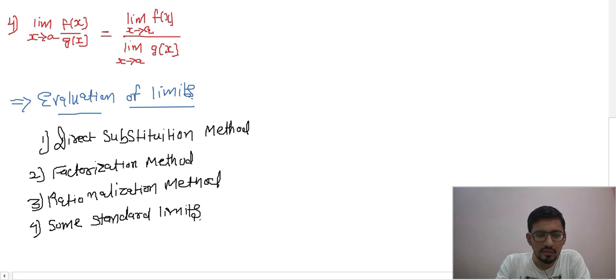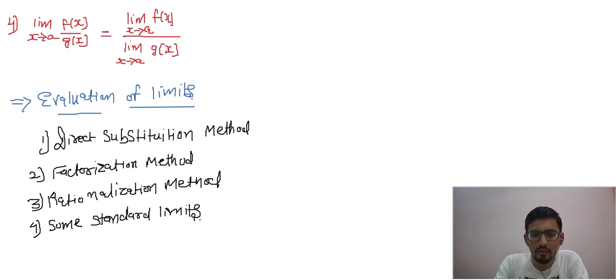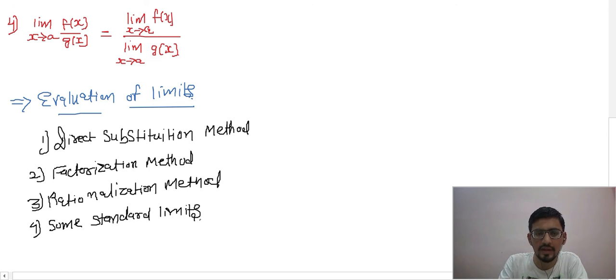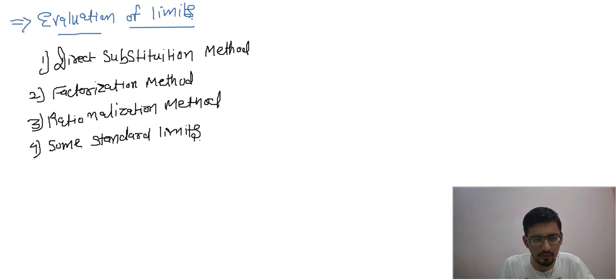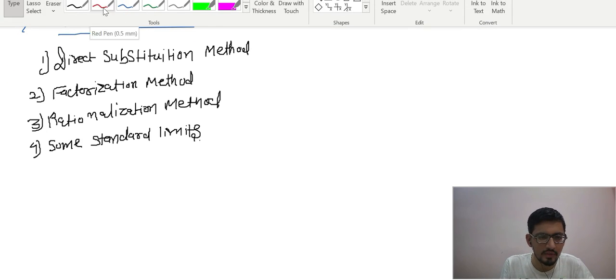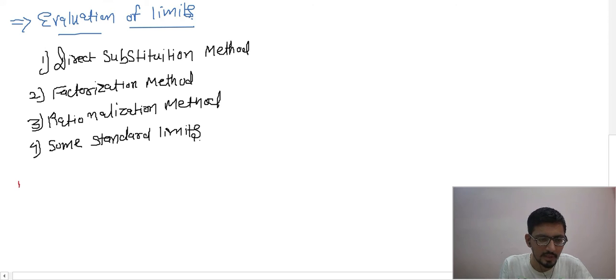Okay, so out of these 4 methods, direct substitution you can use when your function is in a consistent state after applying limit. Now see, in the entire chapter, one thing remember, you are finding limiting value, not functional value. Sometimes you will feel in some question you are finding the functional value, but actually the concept is finding the limiting value. So first we'll start with the direct substitution method.